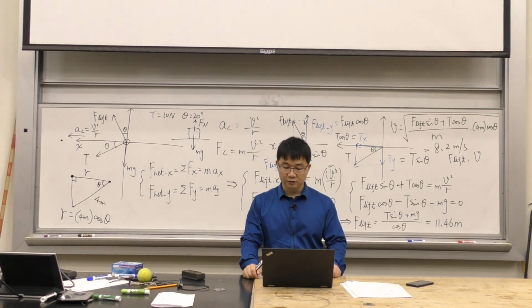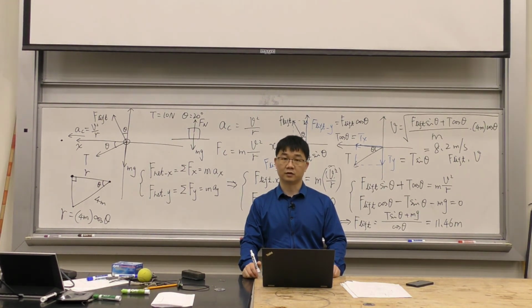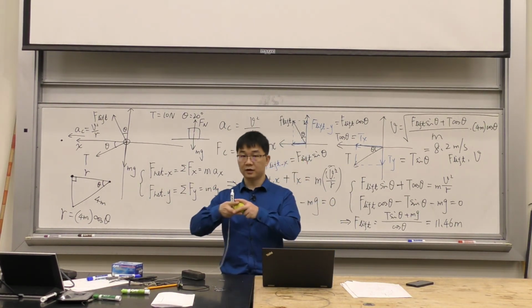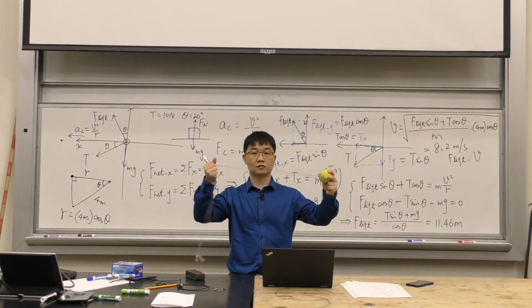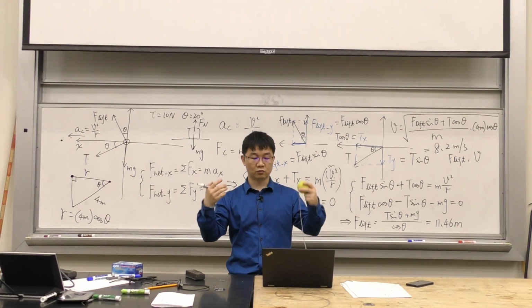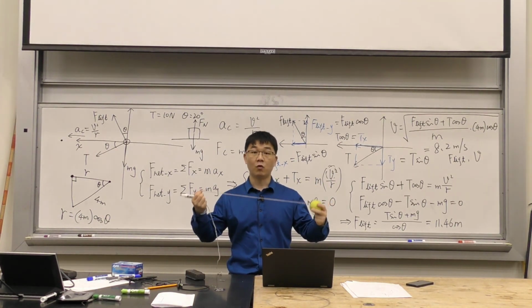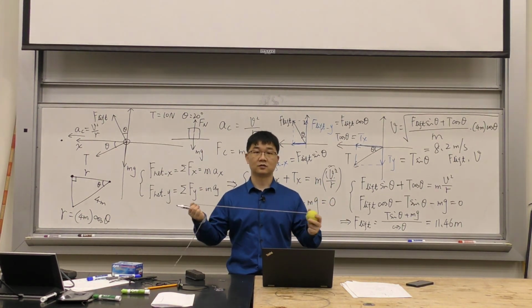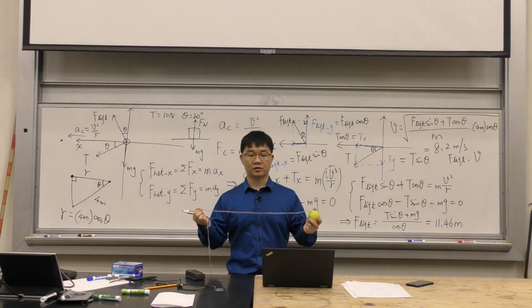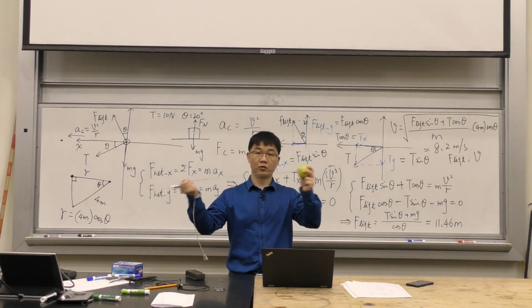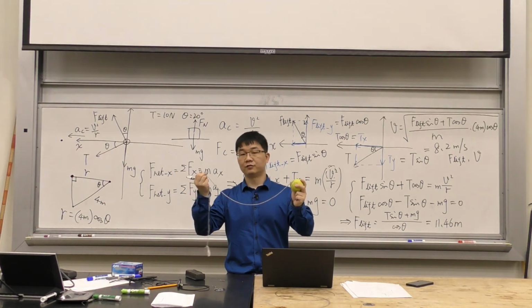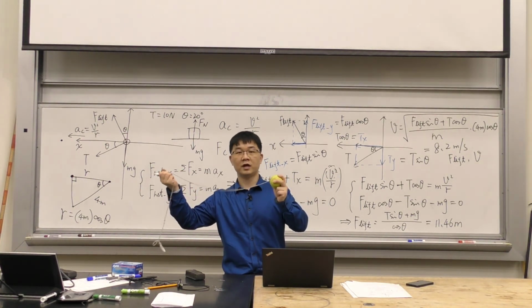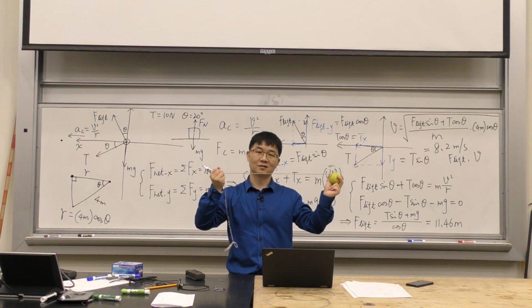And the direction is away from the object pulling it. So if the object is pulling the string that way, then of course the string is pulling the object in this way. So that's why it's always away from the object pulling it. That's actually action and reaction. The object pulls the string that way, the string pulls the object that way. Or you can say, if the string pulls the object this way, the object is pulling the string that way.